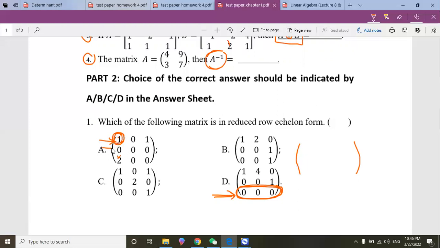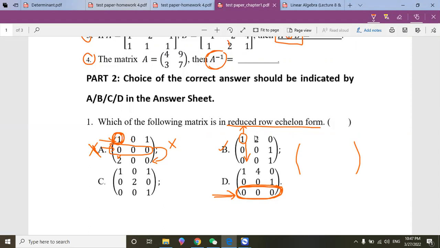And then on the second row of the first matrix, all the entries are 0, right? But our condition was that this needed to sit at the last row. So we cannot take this answer because it is not a RREF, or reduced row echelon form, because it breaks our condition. So let's see the second one. Here this is our pivot point, and all the entries below this pivot point are 0, right? Above it we have nothing, so we can say that all the entries above are also 0.